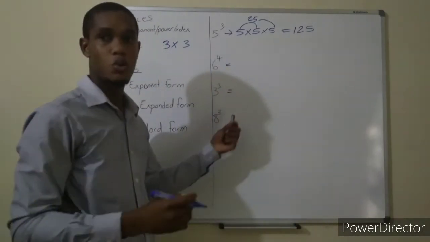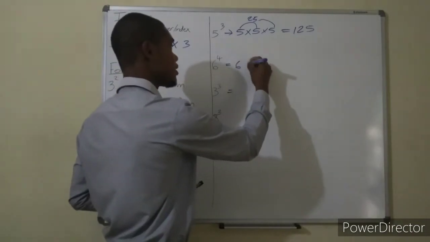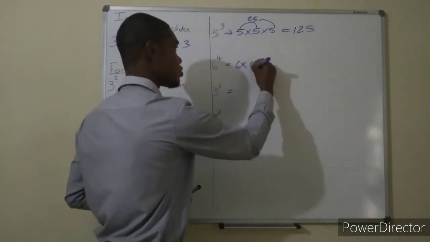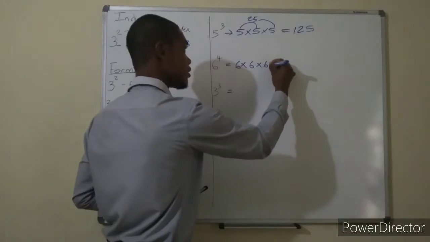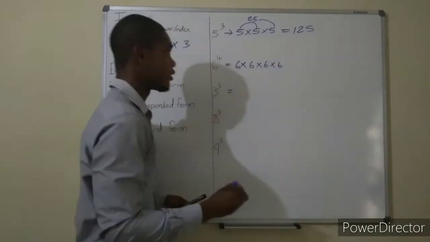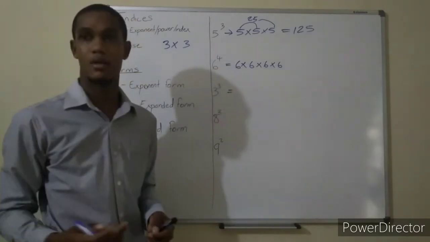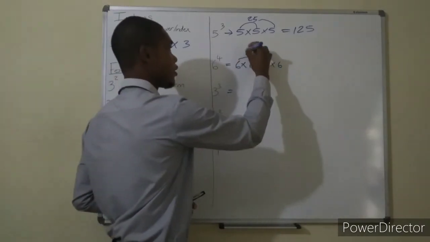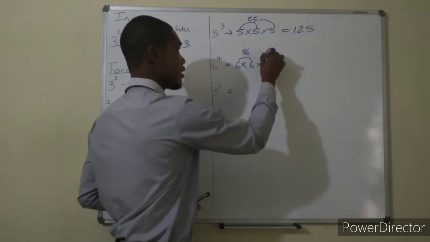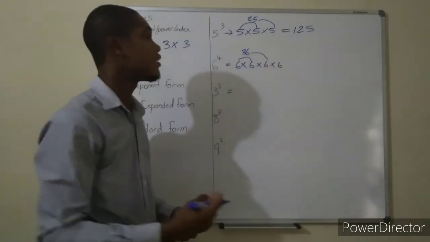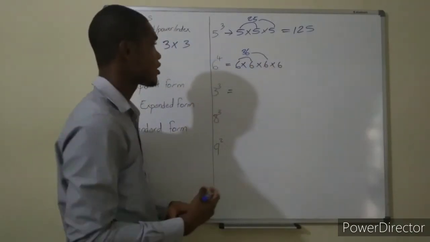Same thing, if you are supposed to work this out, you would say 6, that's 1 6, that's 2 6, that's 3 6, and that's 4 6s. Now, 6 times 6, that gives you 36. And now you have another 6, so you'll have to multiply it in order to get the answer.